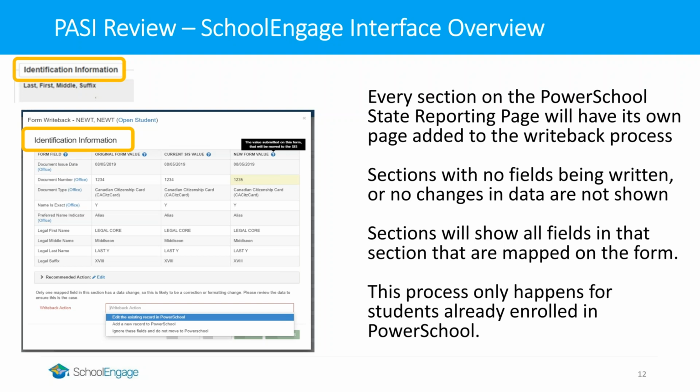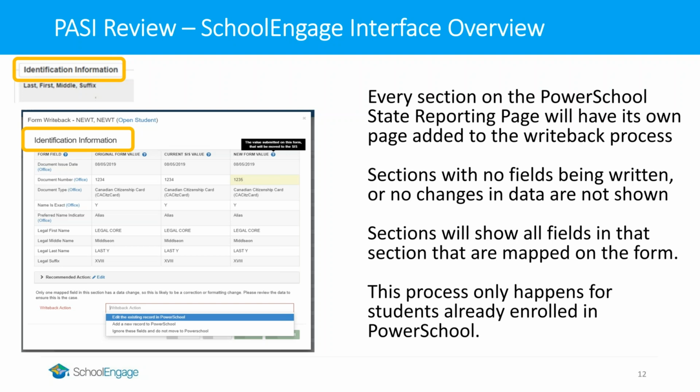On every single writeback, you're not going to see every single section necessarily, just because we're trying to save you guys as much work as possible. If there's a section that has nothing mapped to it on the form, so you'd never change it, a very common example of this is going to be that deceased section and the international mailing address section, then we're not going to make the admin go through that page every time because it's a step that they don't really need to do.